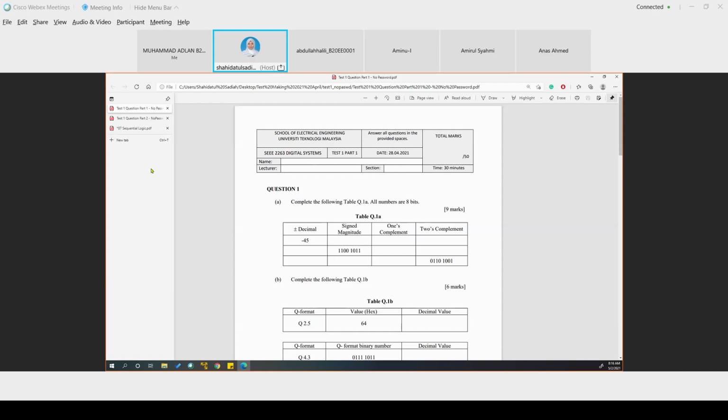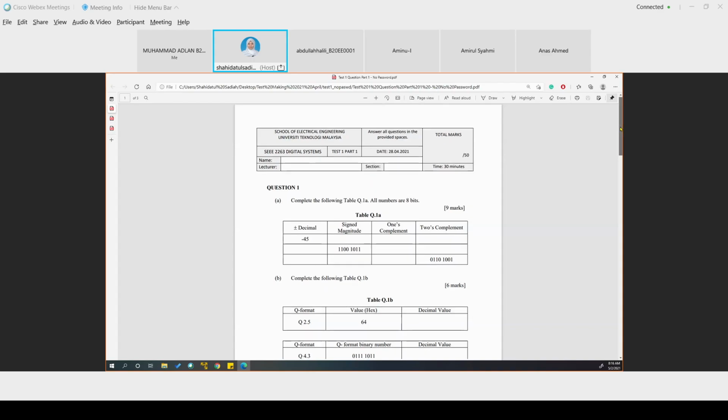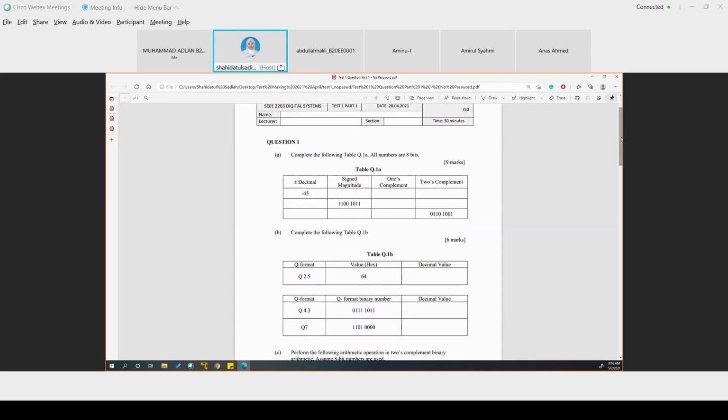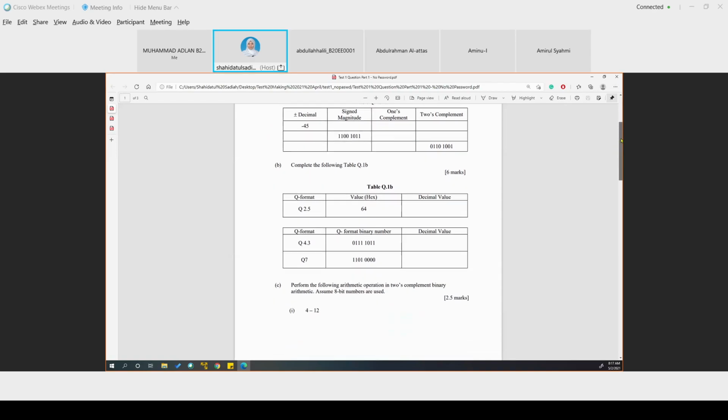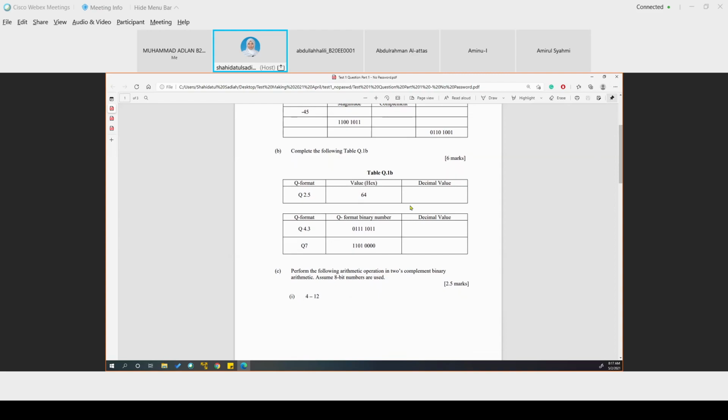So, the first part of test one, question one, I personally think it's not really hard because for the Q format, two of them are positive numbers, and when you add the fraction number, the fraction number is not that big.